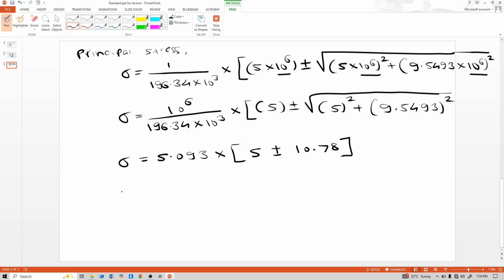So now the maximum principal stress is 5.093 multiplied by 5 plus 10.78. It is 80.37 MPa.